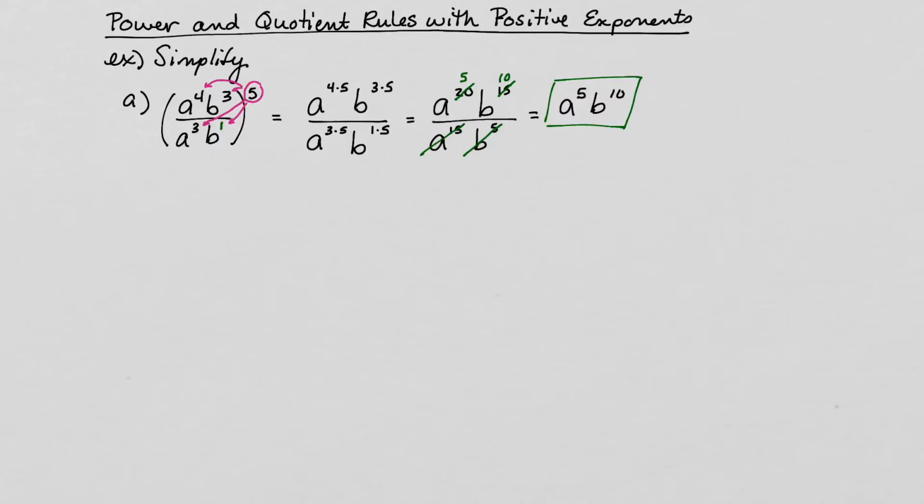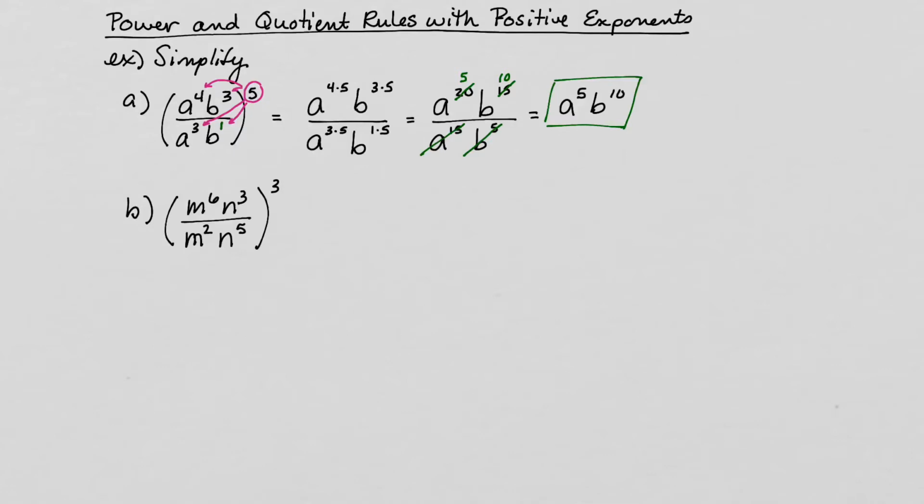So we'll do some more examples. I think you can never have too many of these types of examples. I have 4 of them. My second example here, we have m to the 6th, n to the 3rd, divided by m squared, n to the 5th, all to the 3rd power.